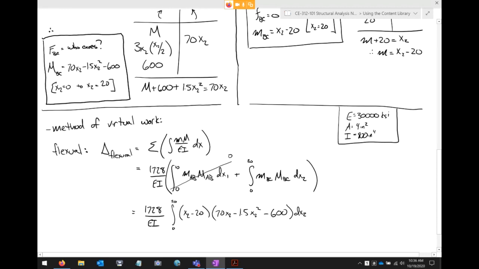And I have to believe you all can do that problem. When it's all said and done, this is just integration. So just do that integral, multiply it by 1728, divide it by E, divide it by I. When it's all said and done, you get a flexural deflection of 3.36 inches. And it comes out positive, so our answer was correct here.